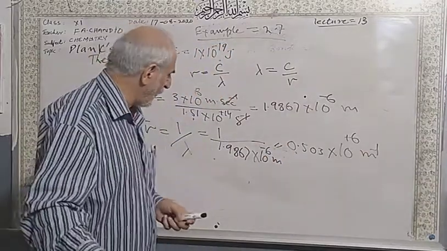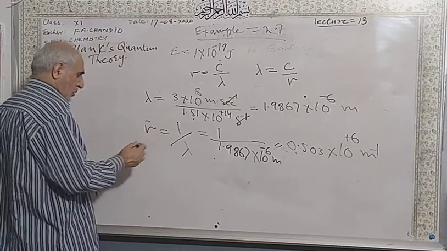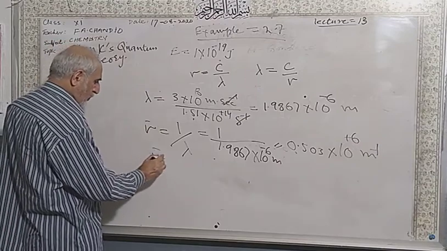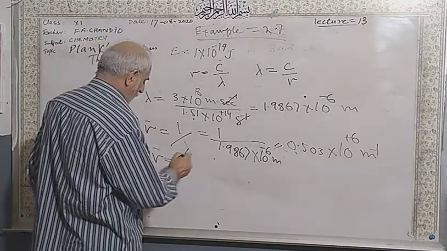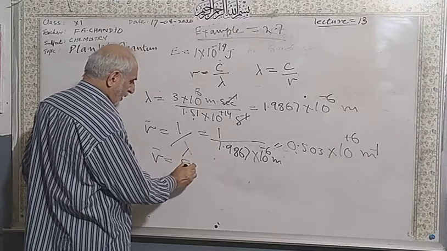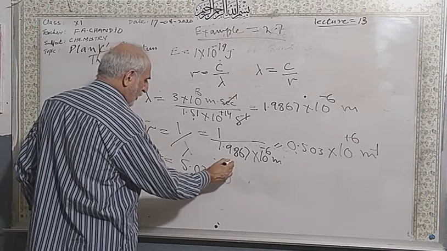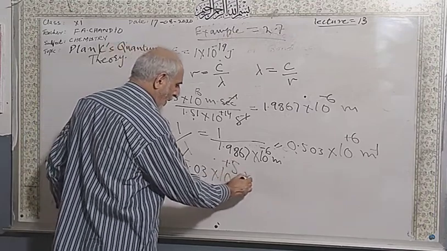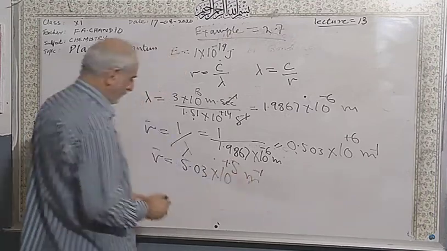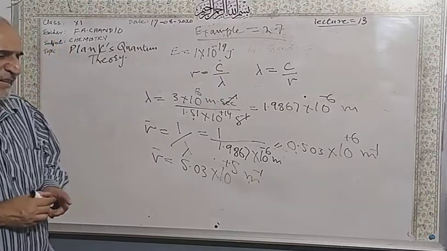Now if you shift the decimal point, the wave number will be equal to 5.03 into 10 raised to power plus 5 per meter. This is the wave number.